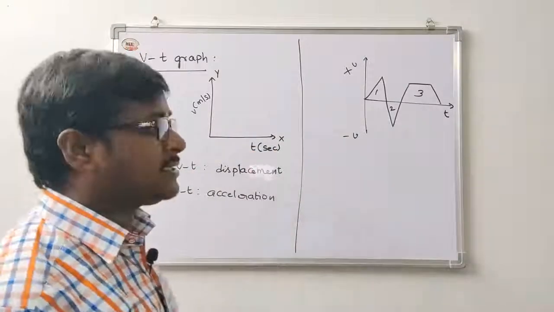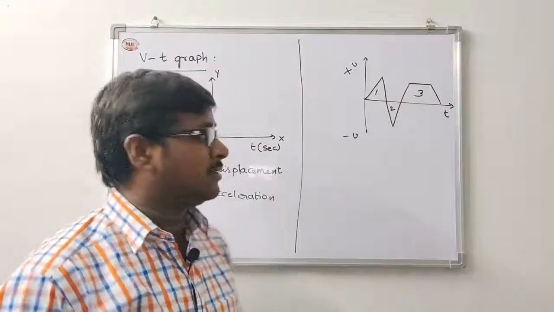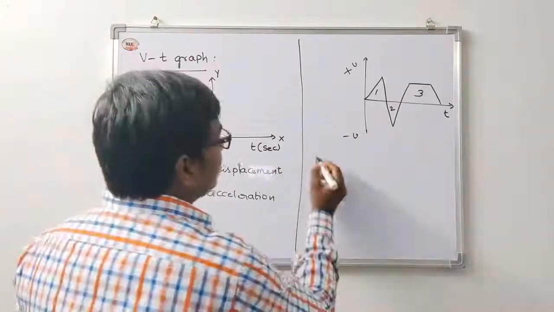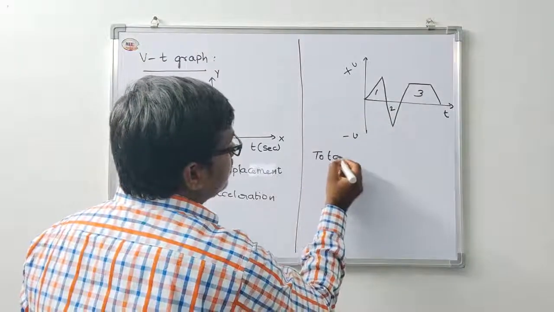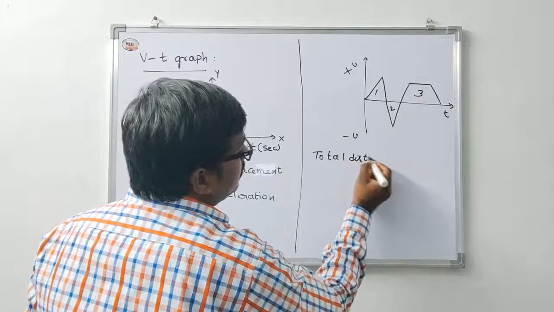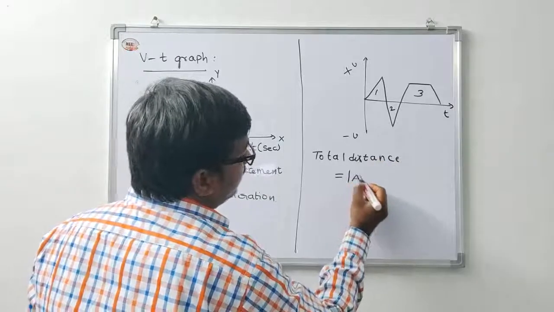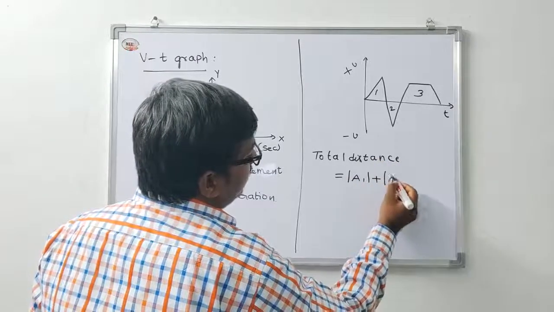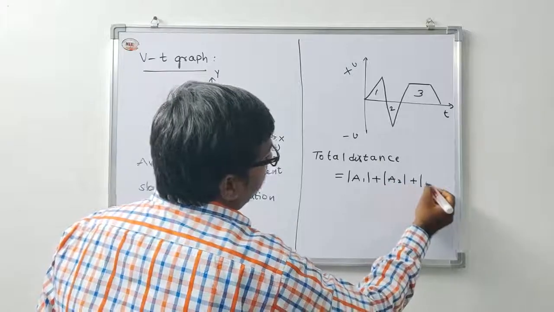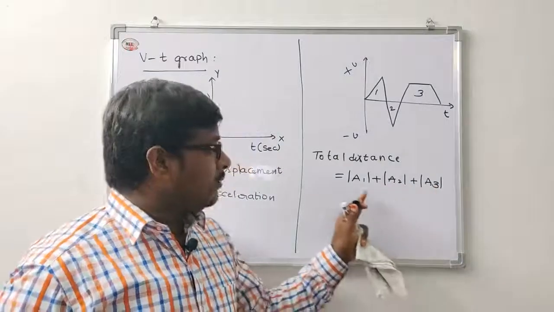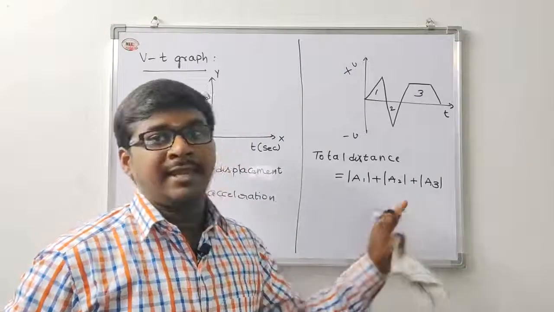The total distance is the actual length of the path. Distance is always positive, students. The total distance is equal to mod of A1 plus mod of A2 plus mod of A3, that is, the addition of the modulus of the different areas.